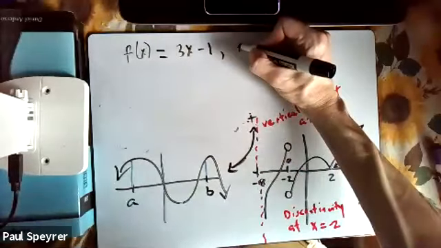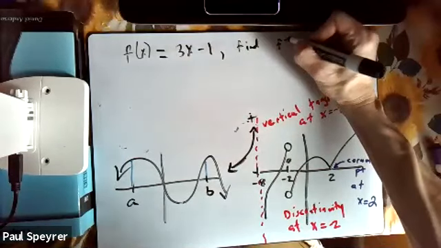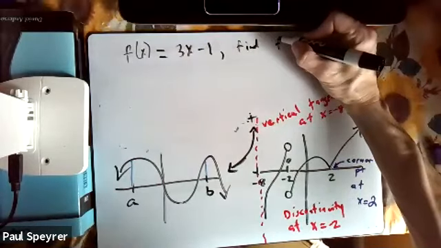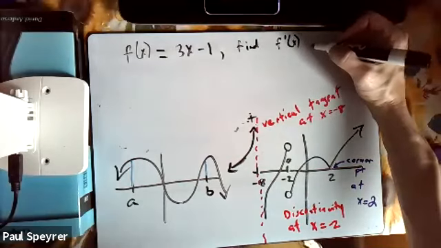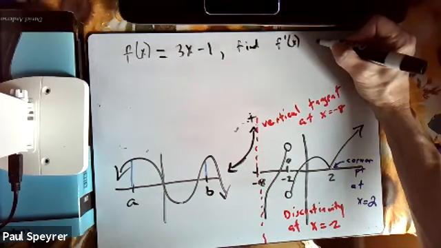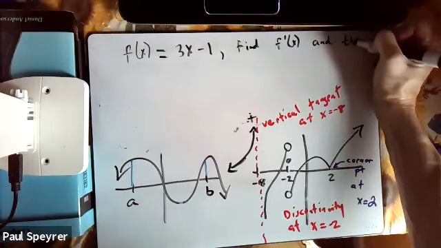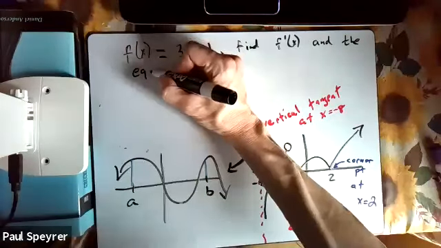And we want to find the first derivative, or f prime of x, and the equation of a tangent line, or of the tangent line.